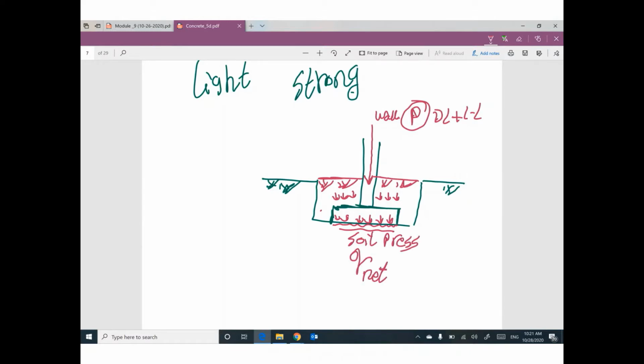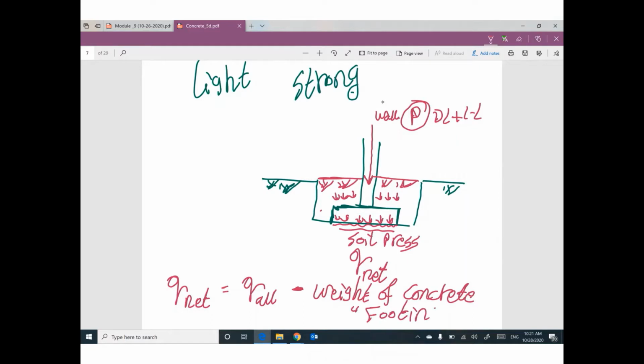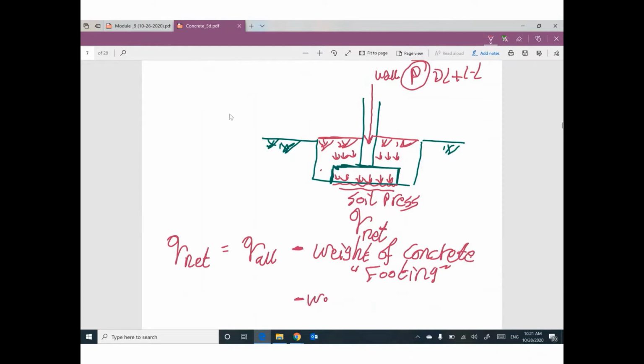This Q net equals Q allowable, which is given by the geotechnical engineer without any load, minus weight of concrete, or to be more clear, weight of footing, minus also weight of soil.